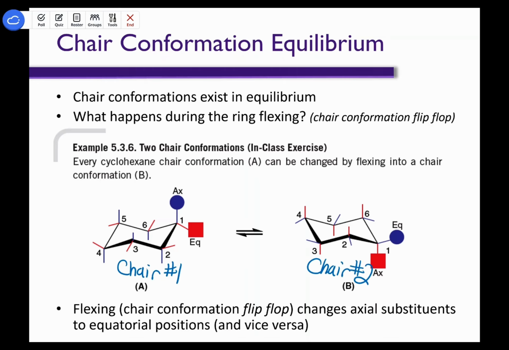But we can do this flexing, and I'm going to call it a flip-flop to remind you that the up triangle goes down, the down triangle goes up. All of the axial become equatorial, and all of the substituents in equatorial locations are now in axial locations when we do this flip-flop.